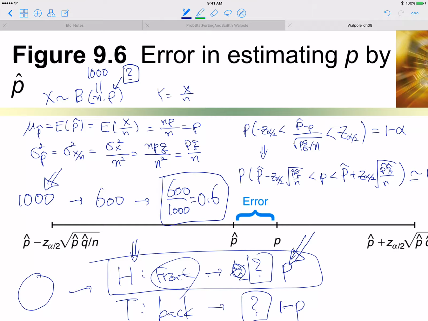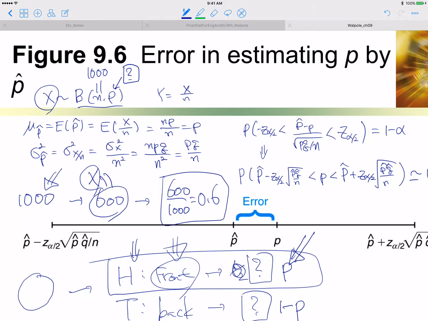In this binomial case, the random variable x is the total number of times the front side occurs, right? So the random variable x is equal to 600. And this binomial probability distribution tells us the exact probability of observing 600 as the value of x.